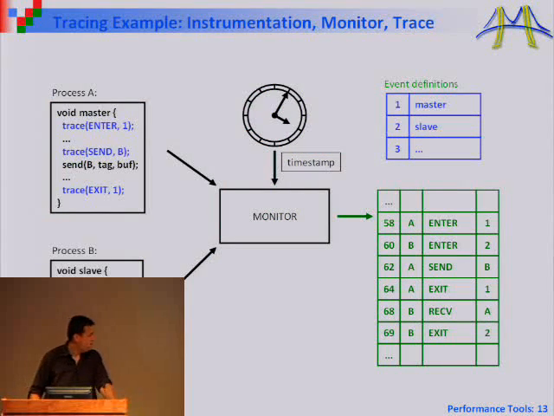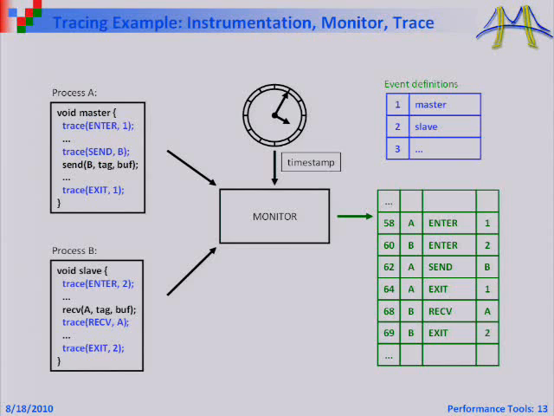All right, let's have a look at tracing. Tracing is this mechanism where you have a detailed timestamped log of events. In this example, we have two processes, process A and process B. A sends a message to B, and B receives this message from A. What we are interested in here is the enter and exit events into this routine master, and the actual send events that happen.